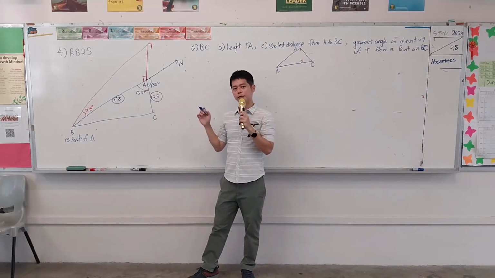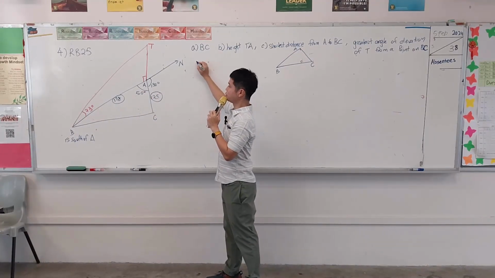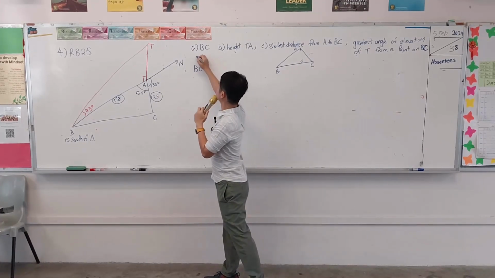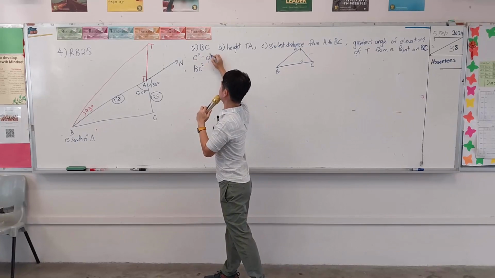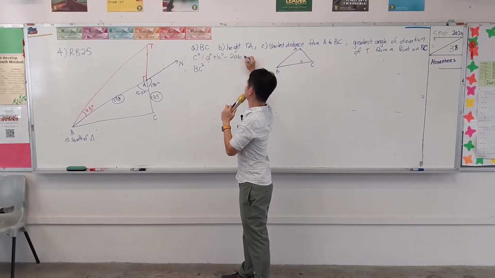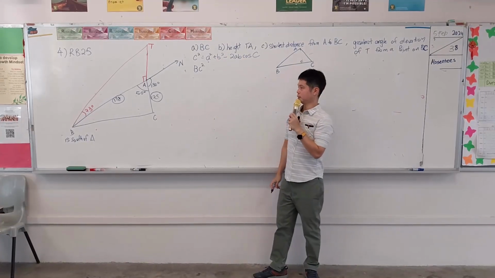Okay, let's quickly do the cosine rule. Can you get ready your calculator? I need your help. So in order to find BC, I use cosine rule. If you're not familiar with cosine rule, the formula is C squared equals A squared plus B squared minus 2AB cosine C. Okay?